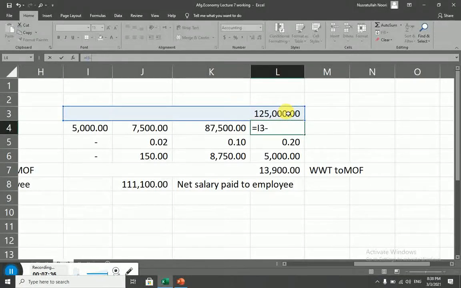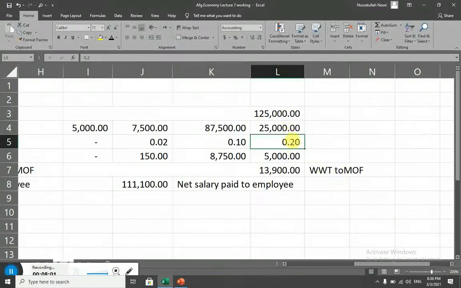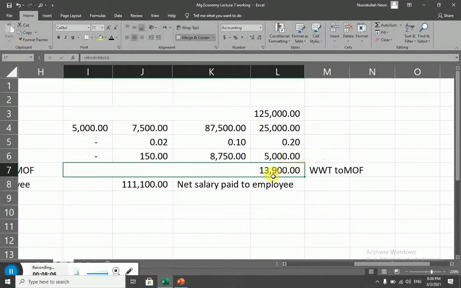We deduct 100,000 from it, because we have already calculated the tax on 100,000 in 3 stages. Stage number 1, 0%. Stage number 2, 2%. Stage number 3, 10%. So we apply 20% withholding tax on the remaining amount above 100,000. That is 25,000. Now let's make 25,000 subject to 20% tax. That is 5,000.